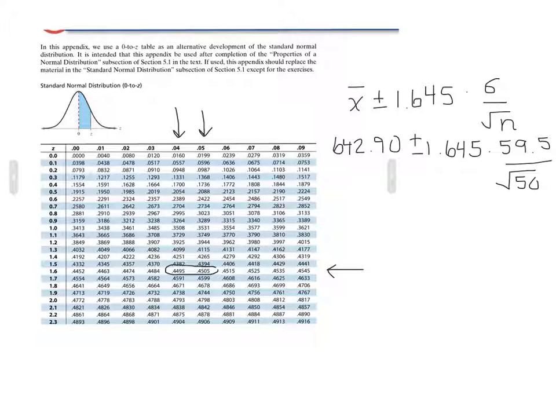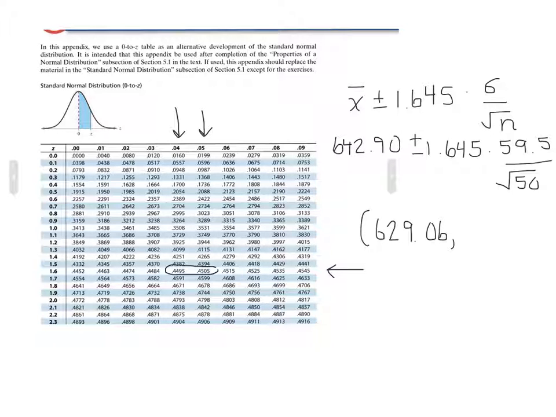So this will give us a lower limit and an upper limit for our confidence interval. Our lower limit we would find by taking 642.9 minus 1.645 times 59.5 divided by square root 50. And I don't remember how it told us to round, but I'm going to round to the nearest cent, 629.06 for our lower limit.